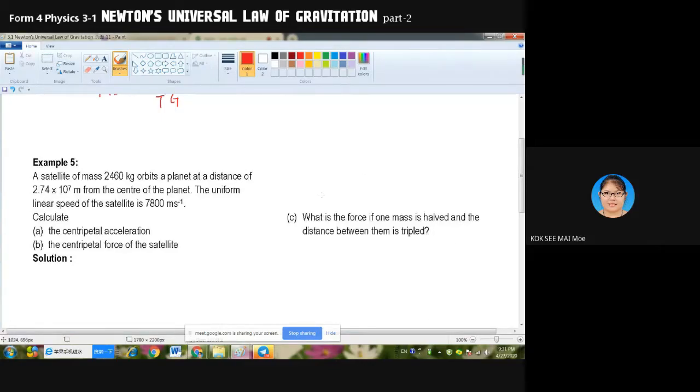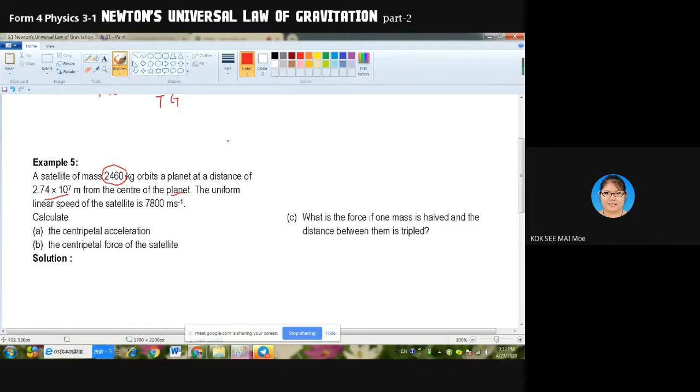Now we go to number 5. We're going to see what important things they give you. First, the satellite mass. They give you the mass already. The orbit of the planet is at a distance 2.74 times 10 power of 7 from the center of the planet.